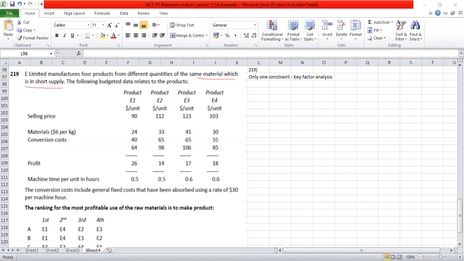So contribution divided by every single unit of material which is consumed. So each unit of these products requires some amount of material. So every single unit, the example which I told you about, that examination, every single minute how many marks can be obtained, that becomes the deciding factor.